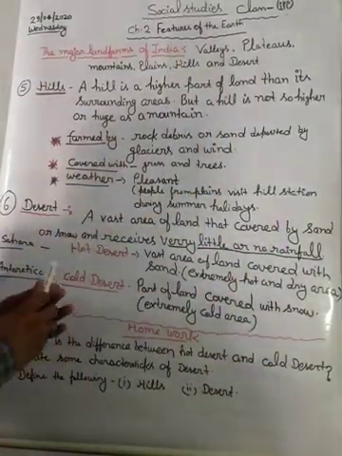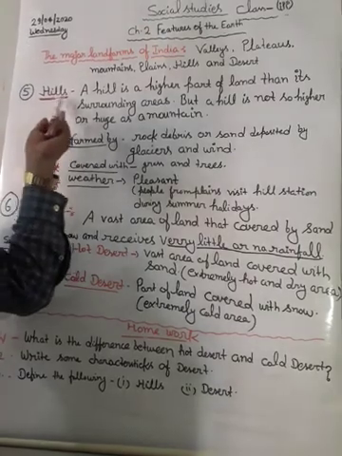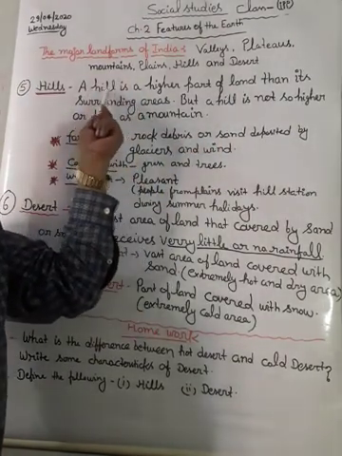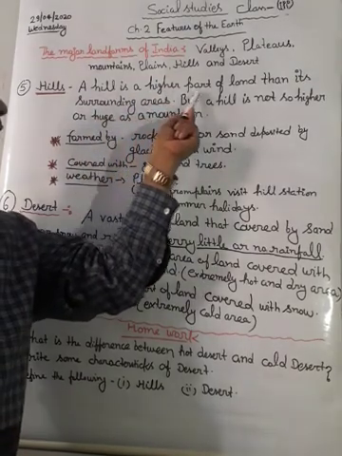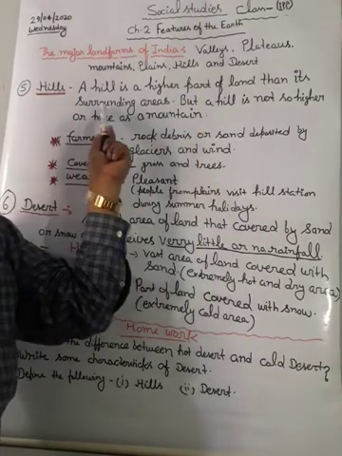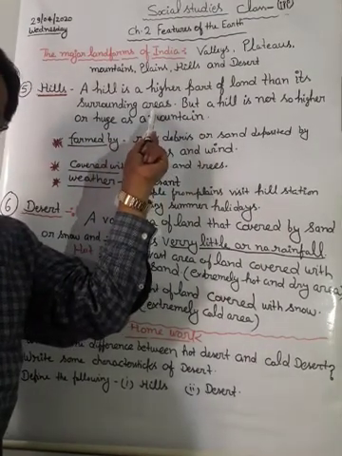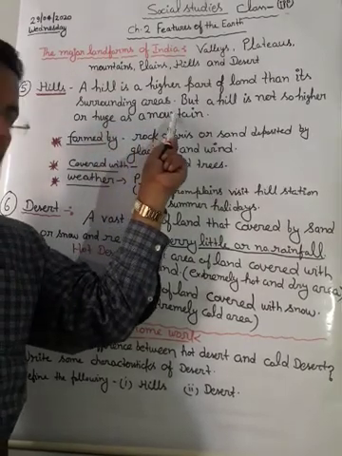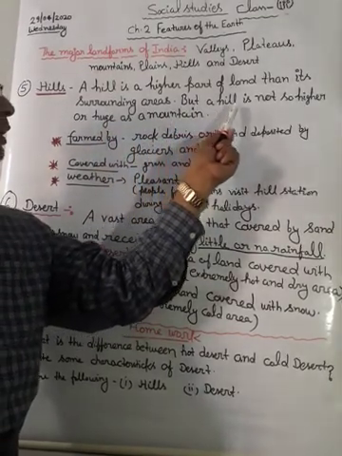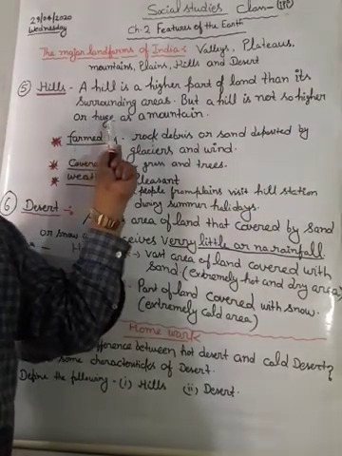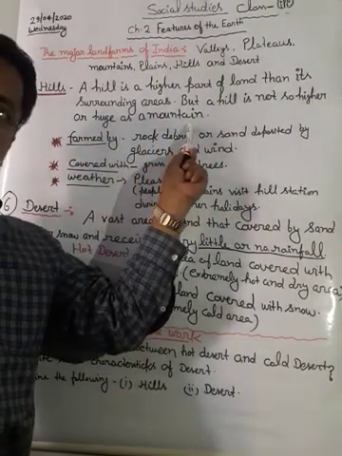So first of all, you can see here hills. What is a hill? A hill is a higher part of land than its surrounding areas. But a hill is not as high or huge as a mountain.